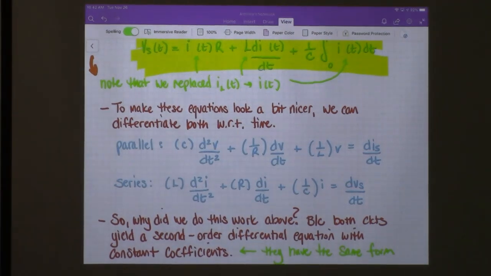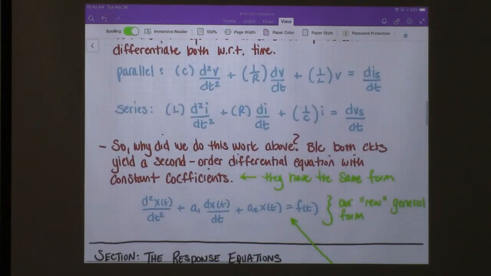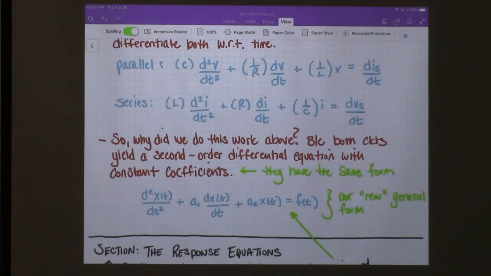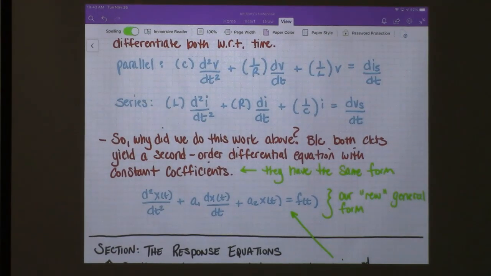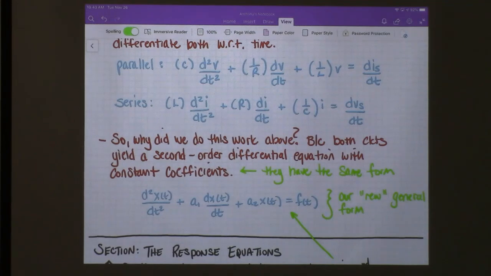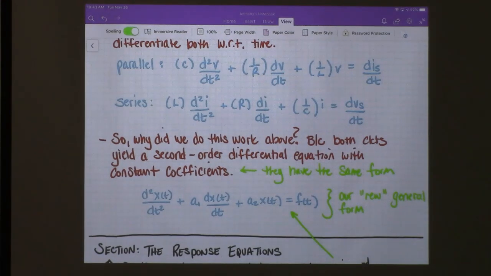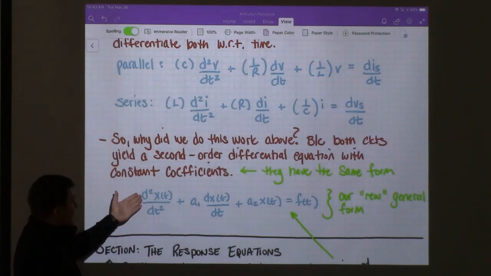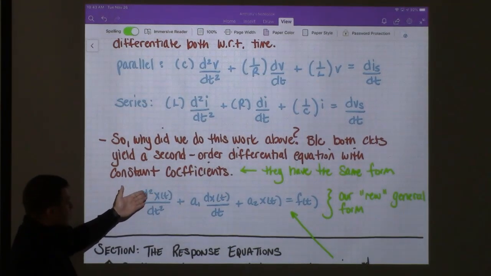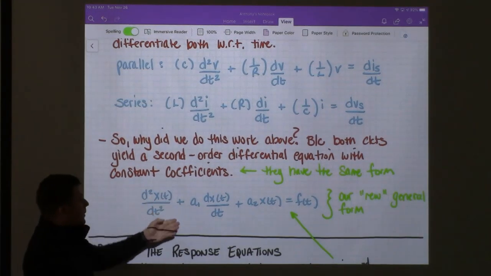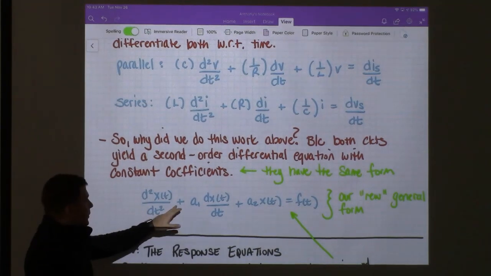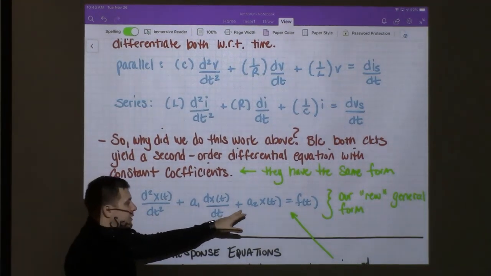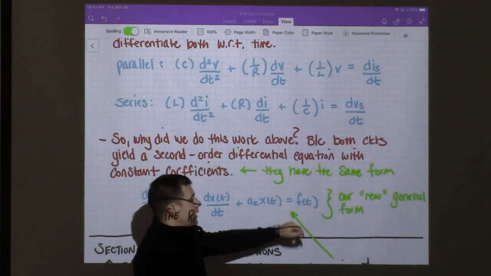So, why did we do this work above? Because both circuits yield a second order differential equation with constant coefficients, and they have the exact same form, which is shown right here: the second order derivative of x with respect to time with a coefficient of 1, plus a1 dx/dt plus a2 x(t) equals f(t).